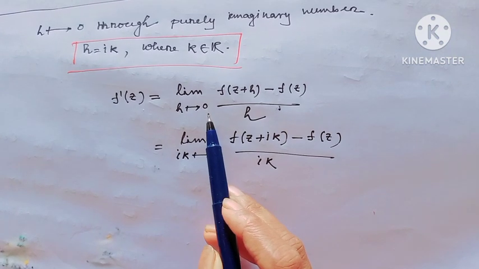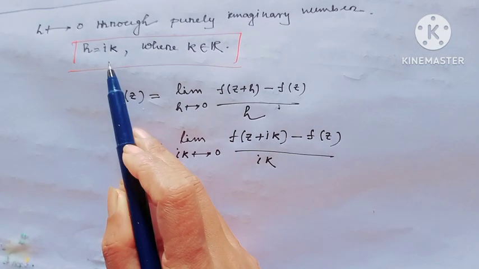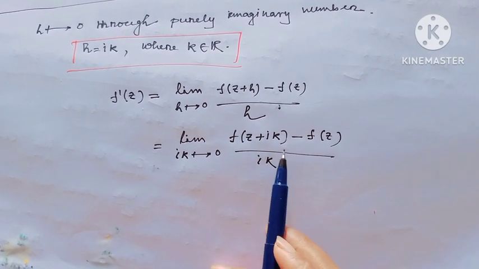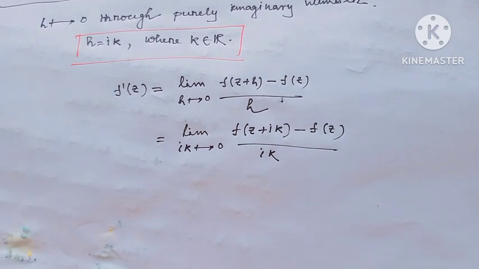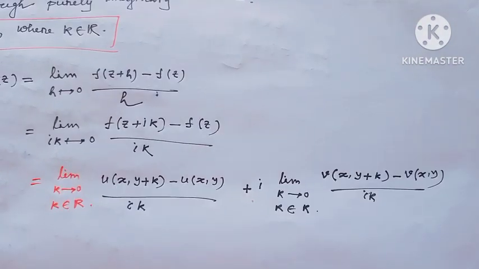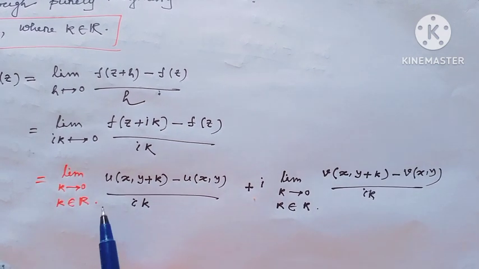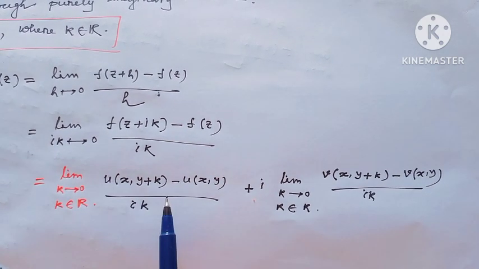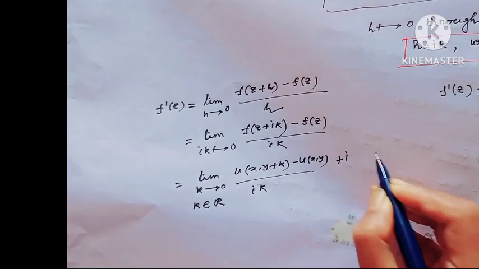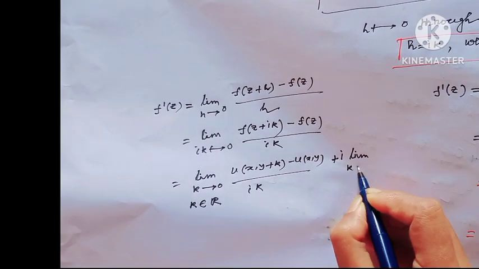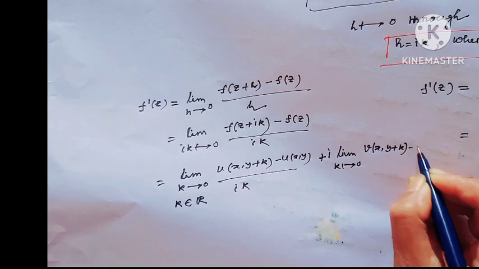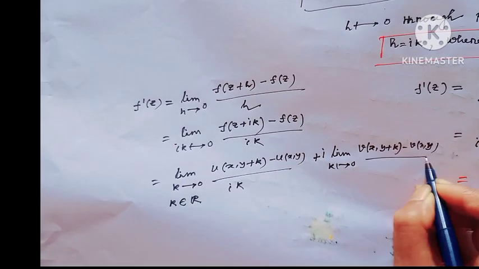Then limit ik goes to 0 of (f of z plus ik minus f of z) over ik, and this value would be equal to limit k goes to 0, k belongs to R, of (u(x, y plus k) minus u(x, y)) over ik, plus i times limit k goes to 0 of (v(x, y plus k) minus v(x, y)) over ik.